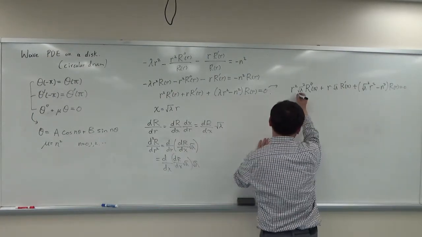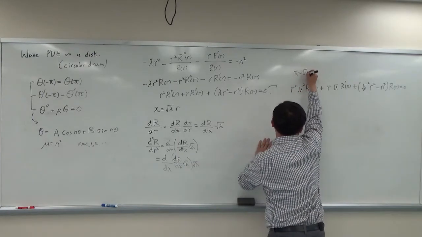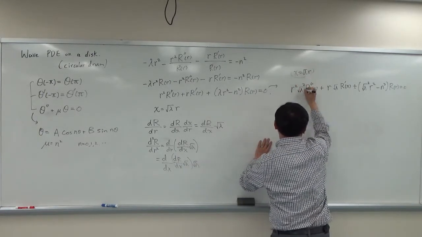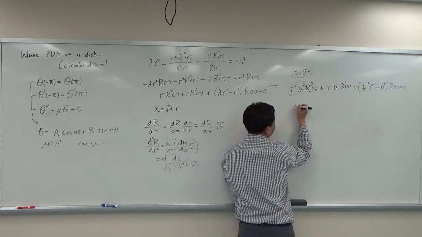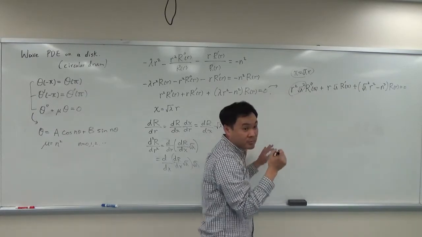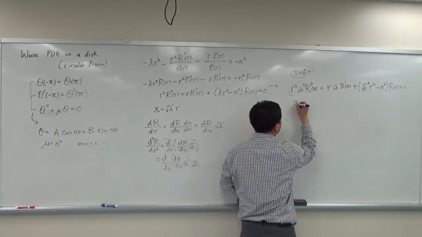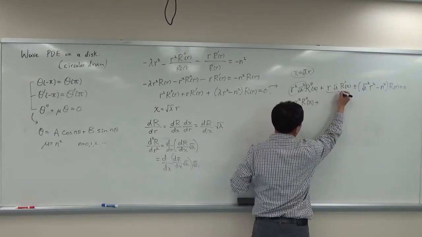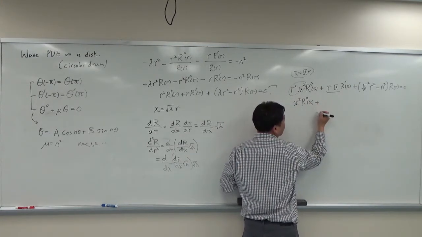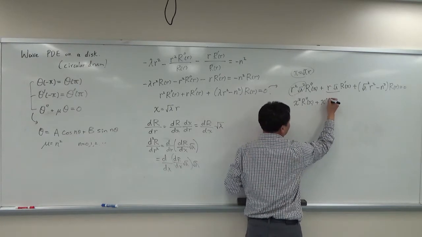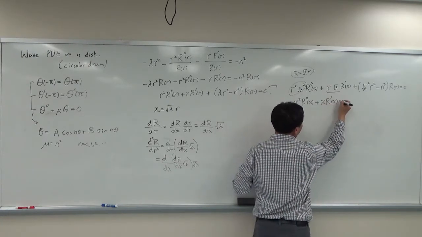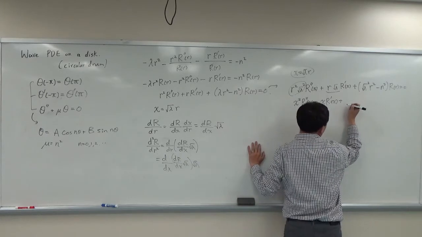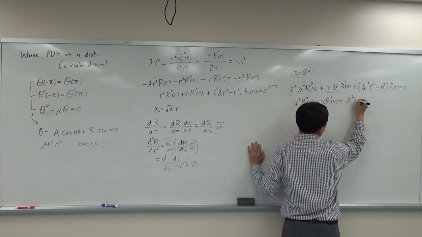And then we use the fact that x is square root of lambda times r, right? So what is this same as? X squared. What is this? X. What's this? X squared.